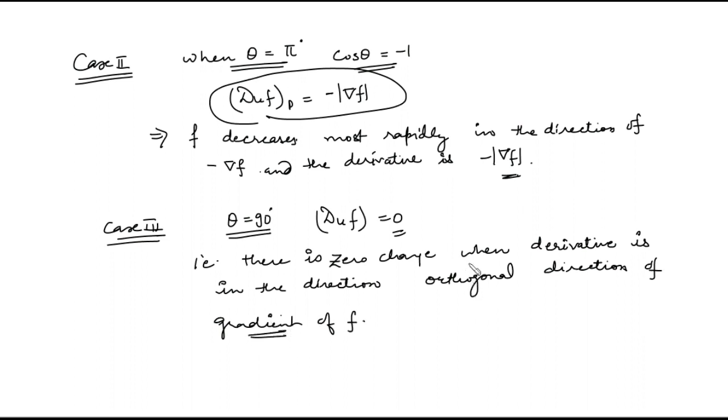So when we are finding the derivative in a direction orthogonal to the direction of del f, the value of the derivative will be 0, because in that case the unit vector and the gradient of f are orthogonal to each other. The dot product will be 0, so the derivative is 0, right? Now why is this derivative 0? Because the angle between these two is 90 degrees, so their dot product will be 0, means they are orthogonal to each other. So we are finding the value of the derivative in a direction orthogonal to this.